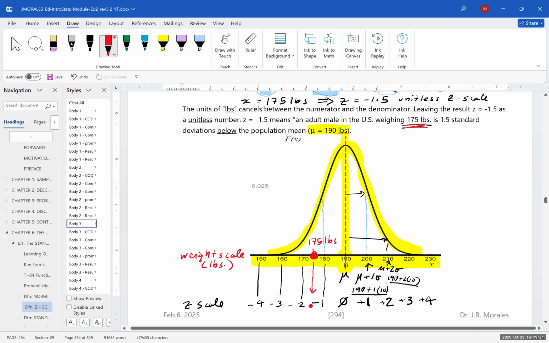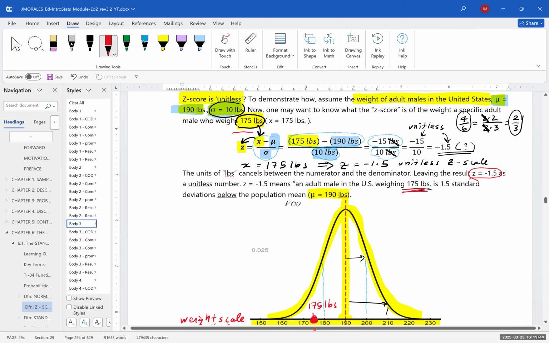We got a value right here, which was negative 1.5. And negative 1.5 is between negative 1 and negative 2. So we converted our data from one scale into another using this z-score equation.